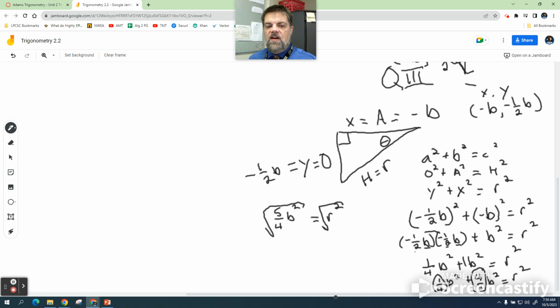All of these are factors, okay? So what I can do, this is a property of square roots, or radicals, is a fancier word, I could take the square root of 5 times the square root of b squared all over the square root of 4 equals r, right?